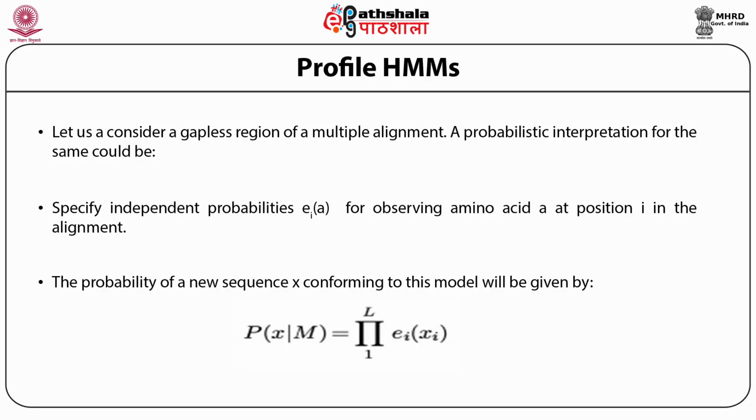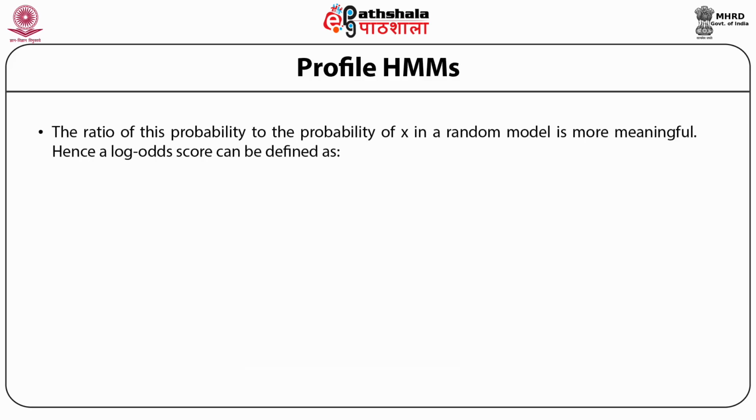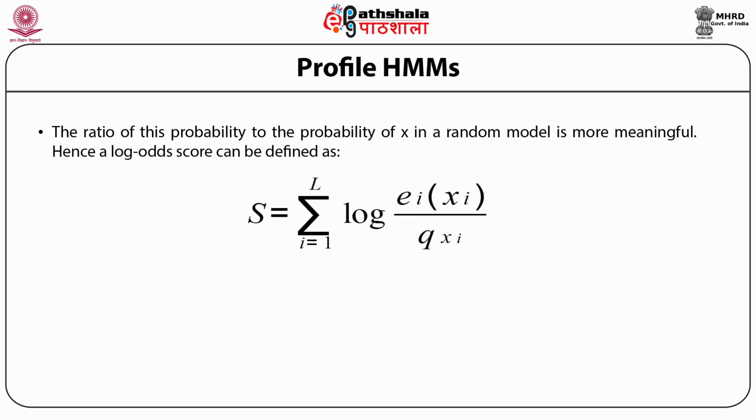That's the equation over there. Now the ratio of this probability that X belongs to a particular family as opposed to X belonging to a random model, again I can use a log odds score and define S as the log of e_i over q, and instead of the product, since it's in the log scale, it will become a summation. So I have this particular formula.